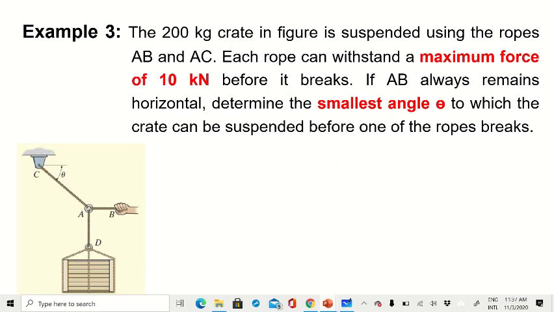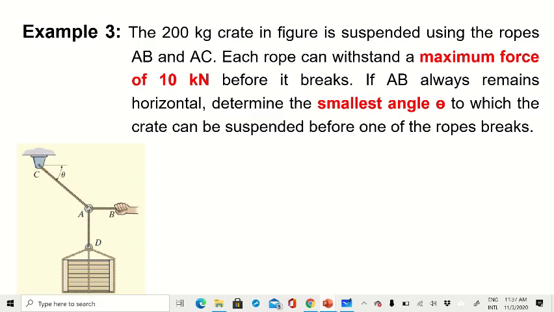Okay, in this problem it says the 200 kilogram crate in the figure is suspended using the ropes AB and AC, right? So the mass of the crate is 200 kilograms, suspended using the ropes AB and AC.